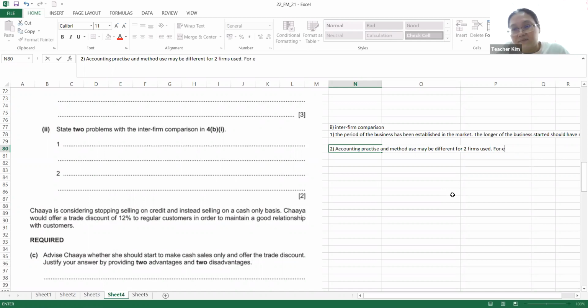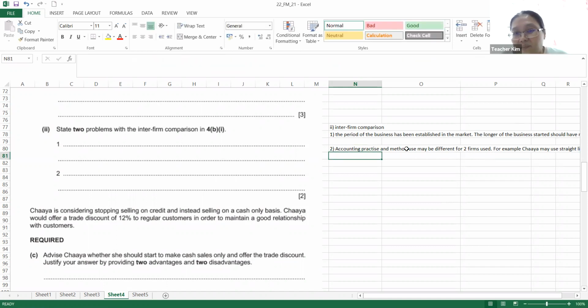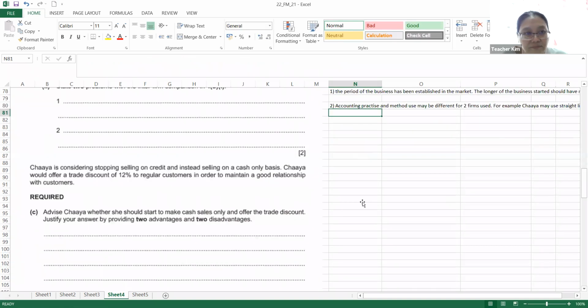For example, Chaya may use straight line for depreciation, but Sarah may use reducing balance for depreciation. So there is a difficulty with different accounting practices or methods.